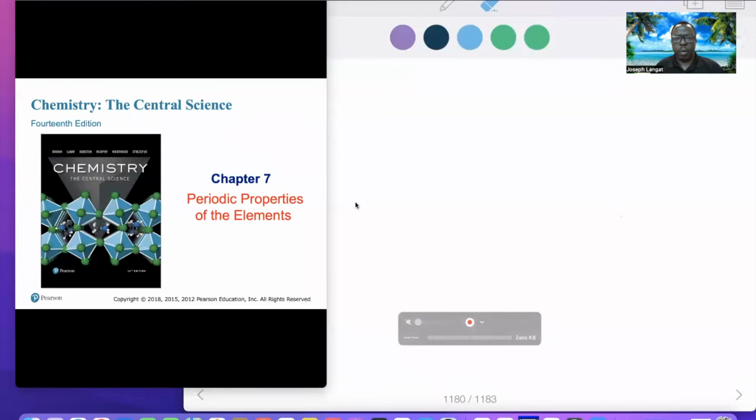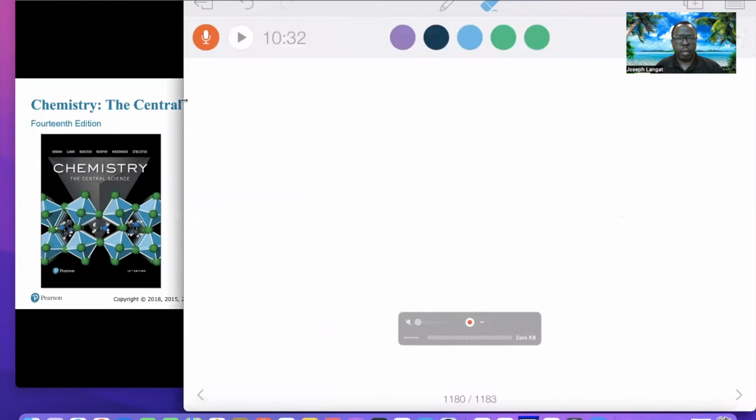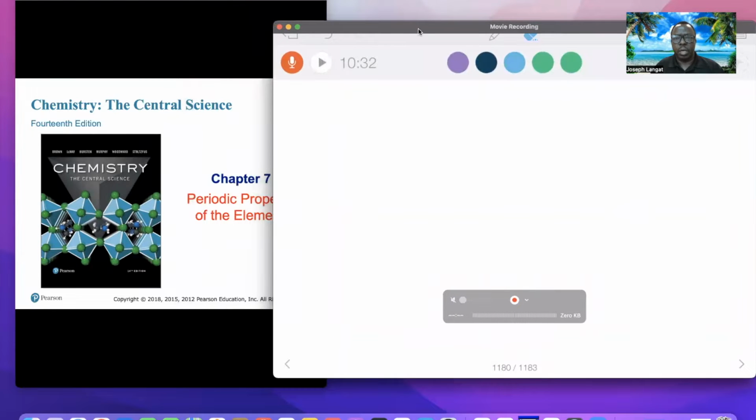As usual, there will be two parts, part A and part B. Part A, section 7.1 through section 7.4, and from section 7.5 all the way, the rest will be part B. I will share my screen so that you can look at the whiteboard and the lecture PowerPoint slides.